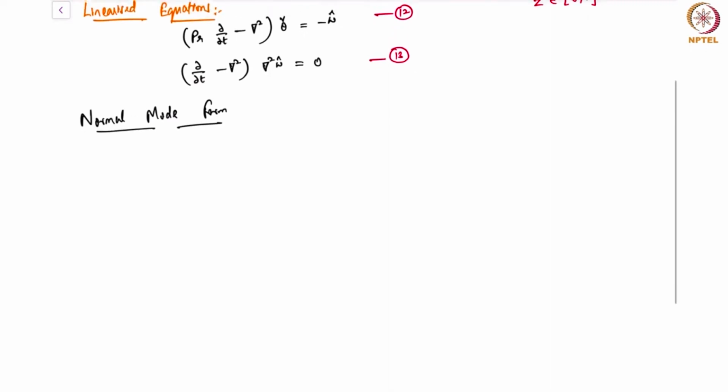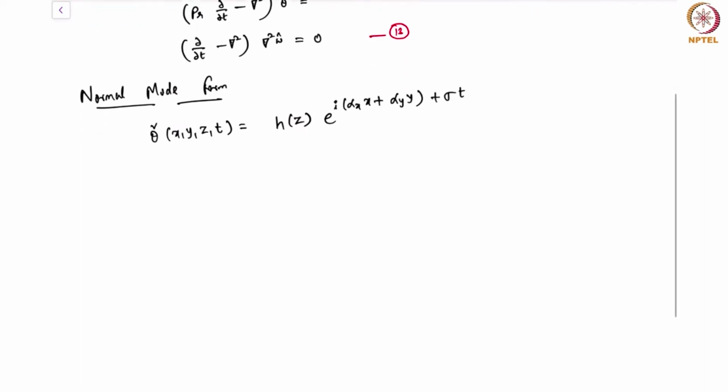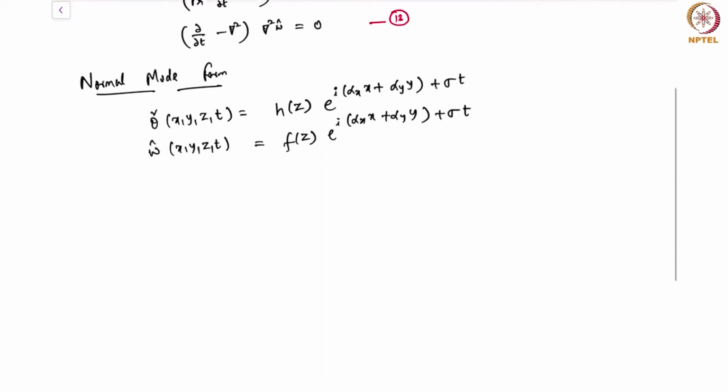Now we can start by writing down theta hat, which is a function of x, y, z and t, essentially becomes some unknown function h of z times e power i (alpha x x plus alpha y y) plus sigma t, and w hat similarly, plus sigma t.